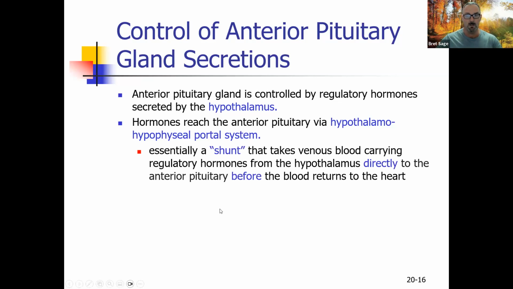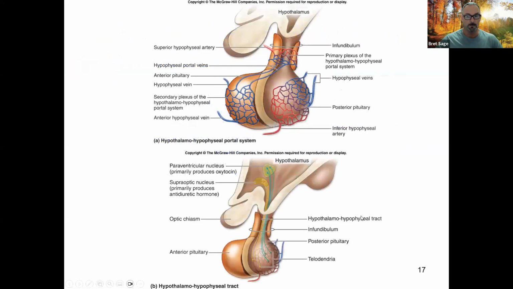It's essentially a shunt or a little tube that takes venous blood carrying regulatory hormones from the hypothalamus directly to the anterior pituitary before the blood returns to the heart. And this allows very tiny amounts of hormone to have a big effect on the anterior pituitary without going into the general circulation. And this shows you anatomically how it works.